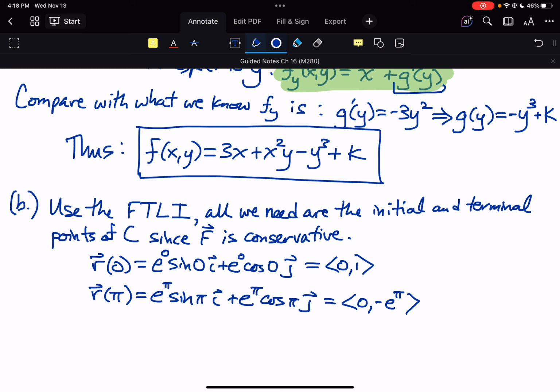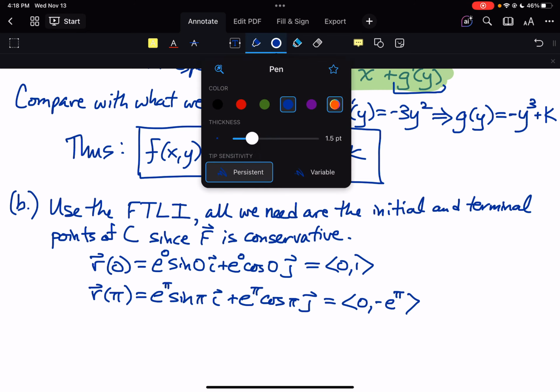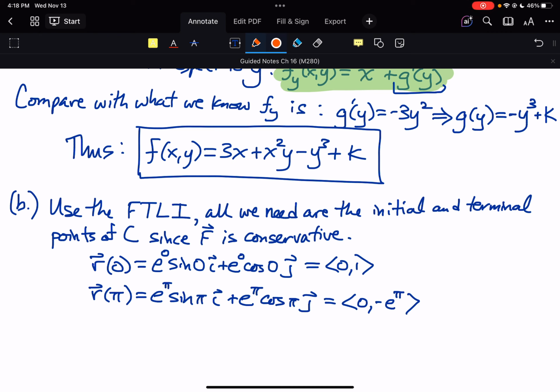Now, when it comes to evaluating for f here, we can just take note that when we evaluate this between these two endpoints, we will get this function plugged in here minus the function plugged in here. You're going to get a k minus a k. So it really doesn't matter what value k is because it's going to subtract itself off anyways.